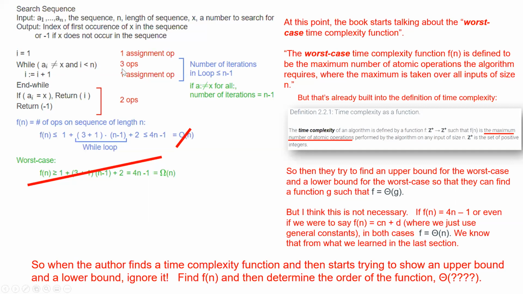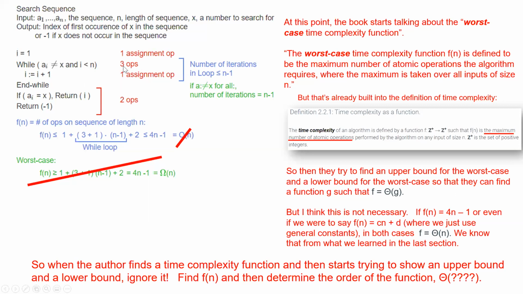So we'll count it as 3, because it's got an and there too. And then here, they only counted that as 1, but based on what they said before, this one would count as 2 because we've got an addition as well as an assignment. But again, it's going to end up being a constant, so the constants won't matter.